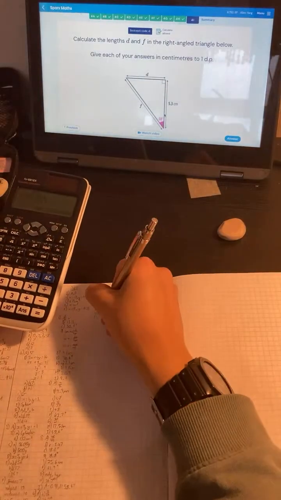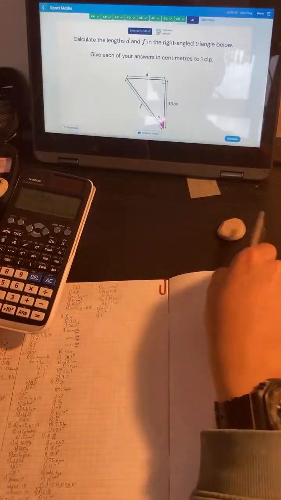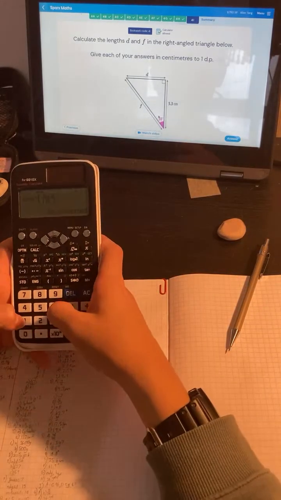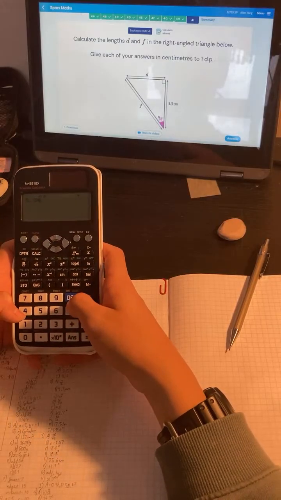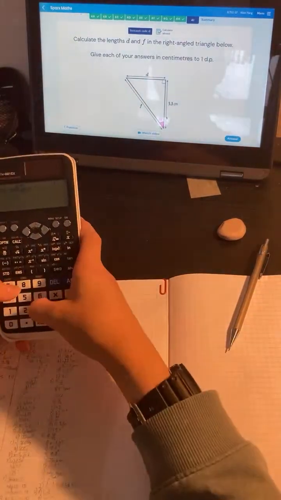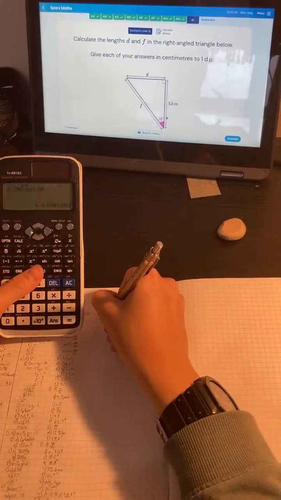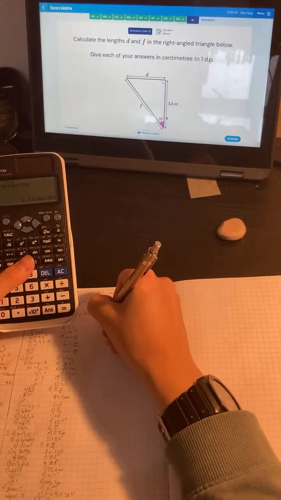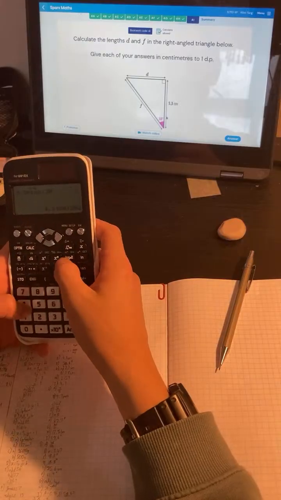Okay, so let's do D first. So D, we can use tangent. So 5.3 multiplied by tangent of, what's that? It's 38. My cursor was covering it. Looked like something else. 1 dp, okay, 4.1 centimeters. F equals, we're going to use cosine.